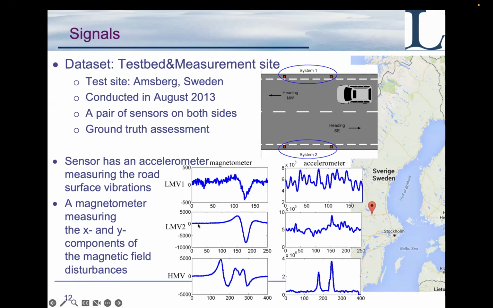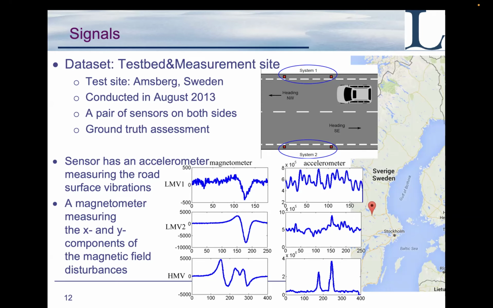And that's how a typical signal looks when a vehicle was passing by such a unit. Magnetometer on the left, accelerometer on the right.